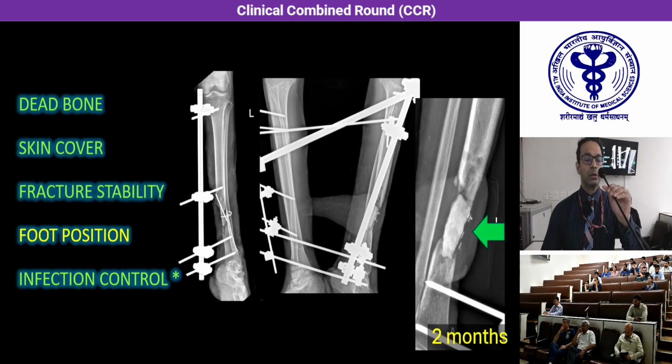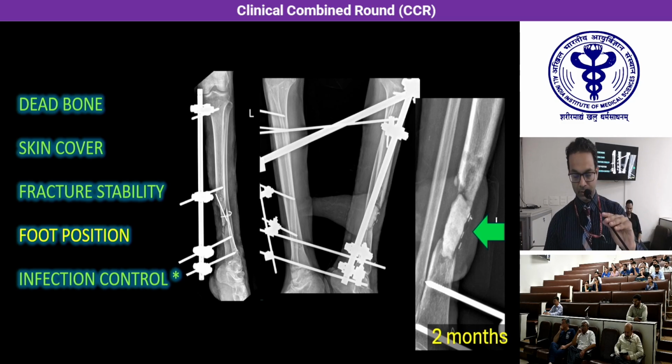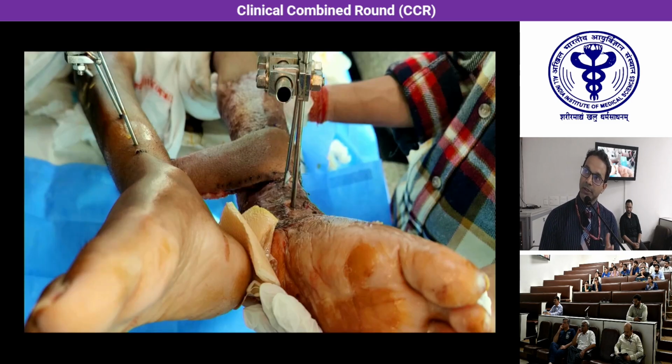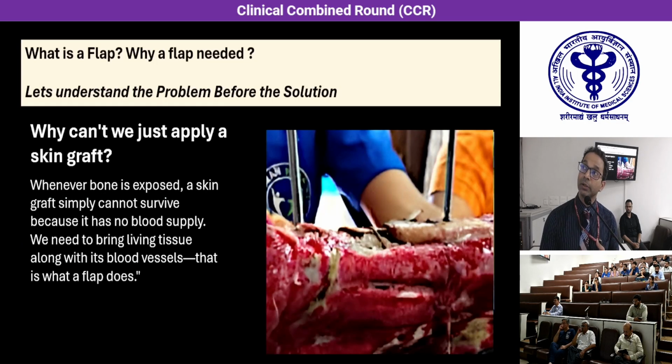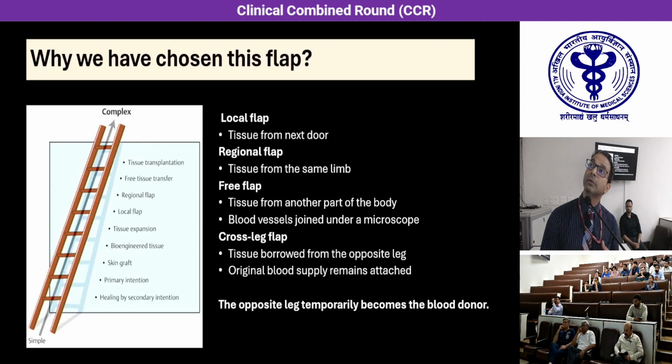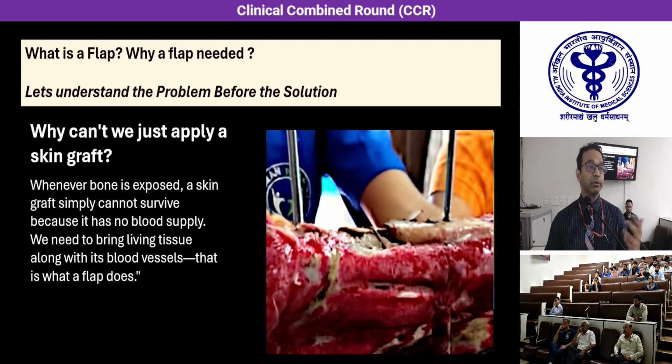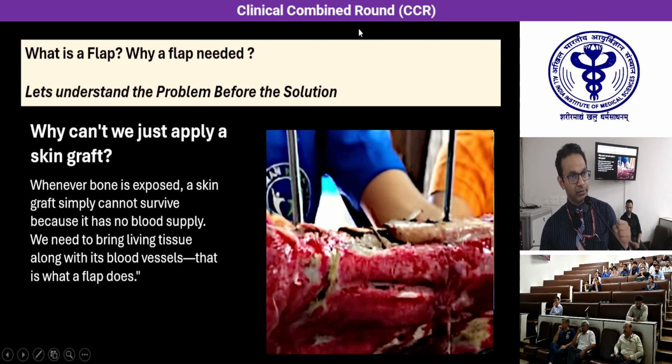Thank you. Before going on, let's understand that the function of the lower limb is weight bearing and locomotion. So this is the flap we are talking about. Let's begin with the story. Without the stability of bones, we cannot stand, but soft tissue coverage is needed to protect the bone.